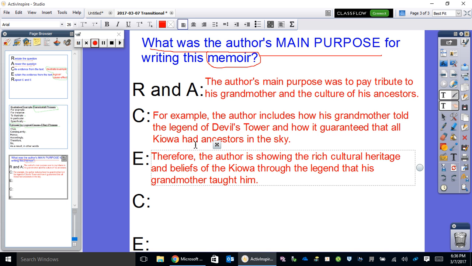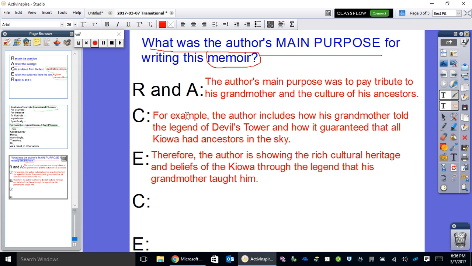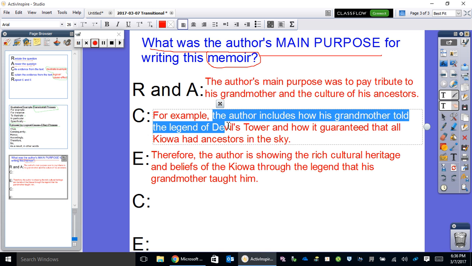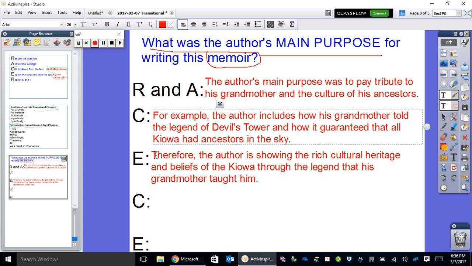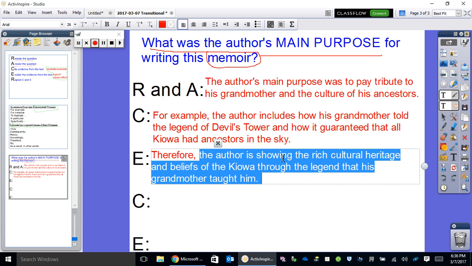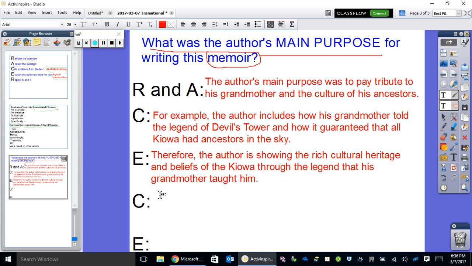So here it is. We have essentially done a transitional phrase for citing evidence, and then this happened in the text. Then we used a logical or cause-effect transitional phrase, and then we explained why it fits paying tribute to the culture of his ancestors, which is a direct connection here.